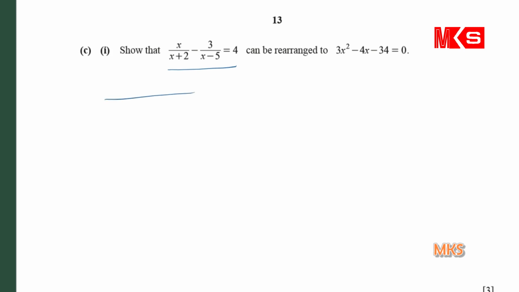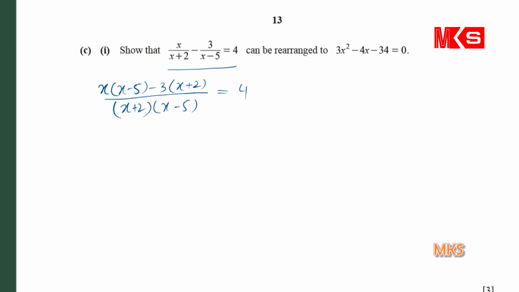First we will take LCM, x plus 2, x minus 5, we will multiply the denominators of both fractions, and then cross multiply: x times x minus 5, minus 3 times x plus 2. Keep them within the brackets first.